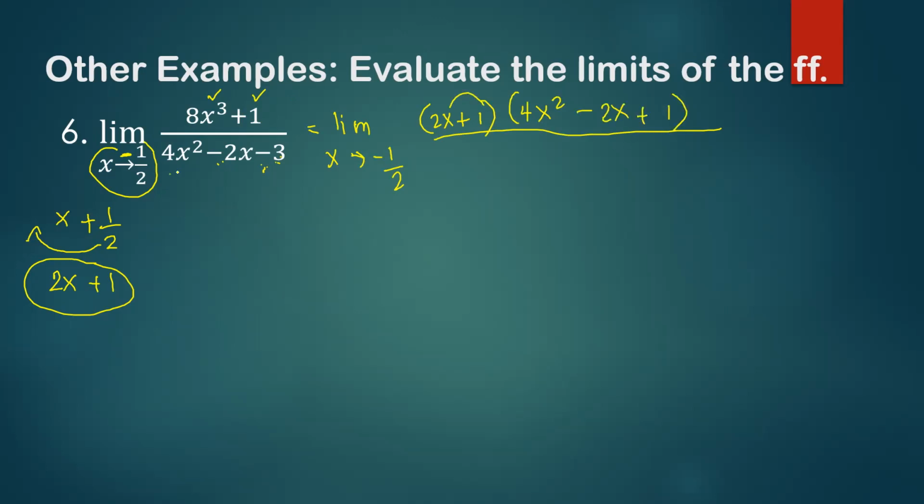Okay. Sa baba naman, ito yun. So we have 2x plus 1 automatically. So 4x squared divided by 2x is another 2x. Negative 3 divided by positive 1 is negative 3. Tama ba siya? So we have 2x, negative 6x.